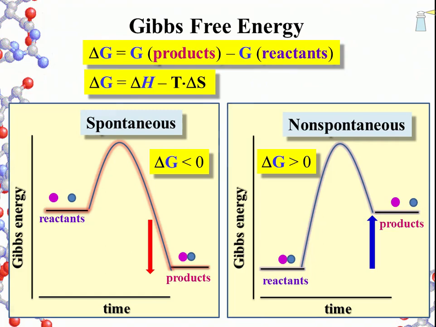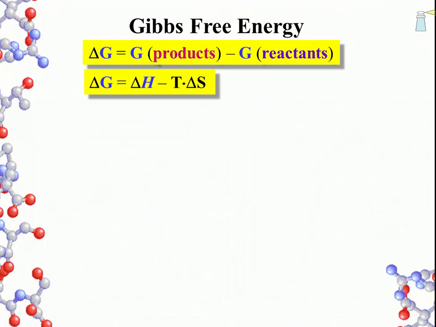We can now take a closer look at the second form of the delta G equation. For a reaction to be favorable, negative delta G, it has to have the right combination of the exchange of heat, enthalpy, and disorder, entropy, of the reactants and products.